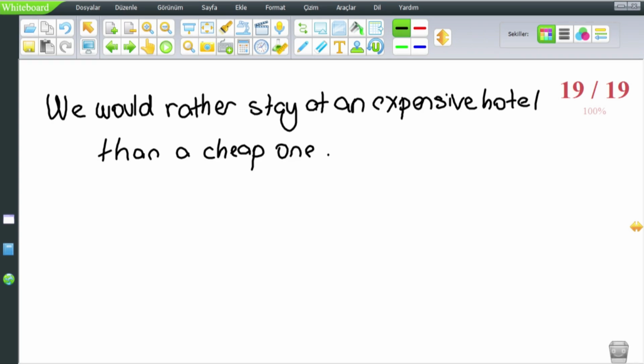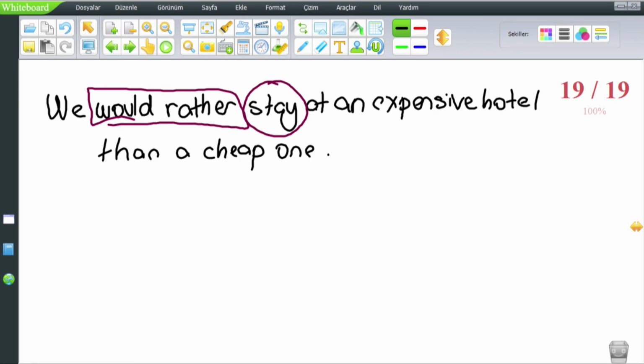Now let's have a look at this one. Again, it doesn't change. After the subject, we use would rather. And after that, verb 1, bare infinitive. And the thing that the subject has chosen is to stay at an expensive hotel. And after that, I used than. And the second choice, but the subject didn't choose it.